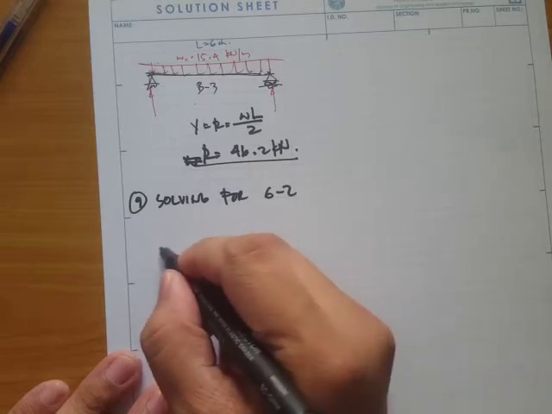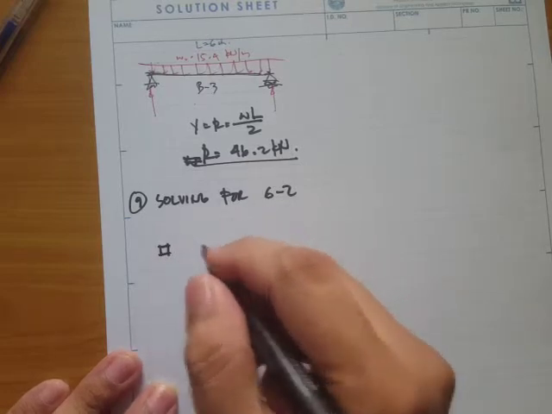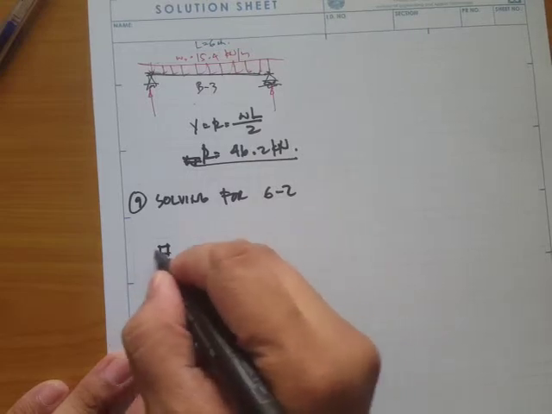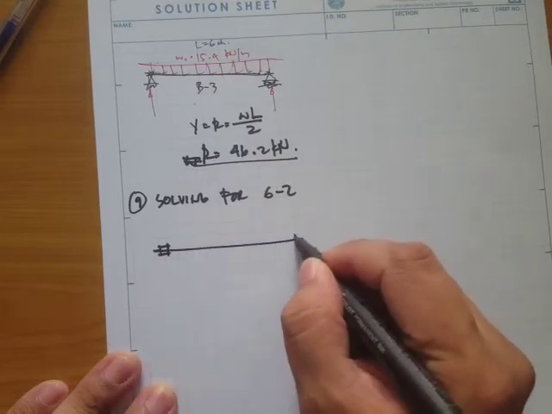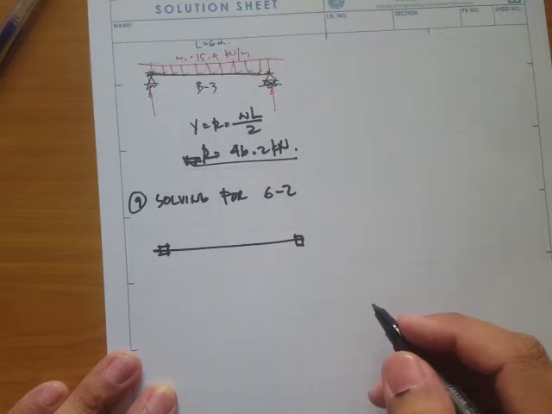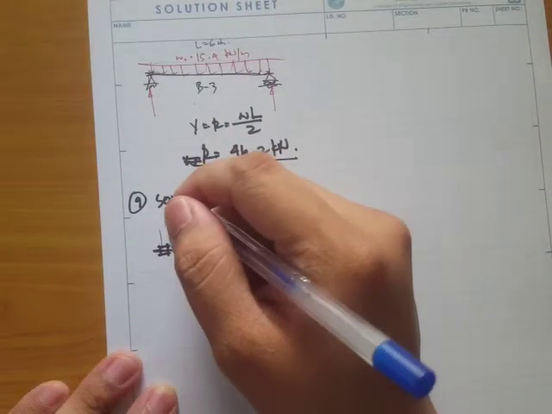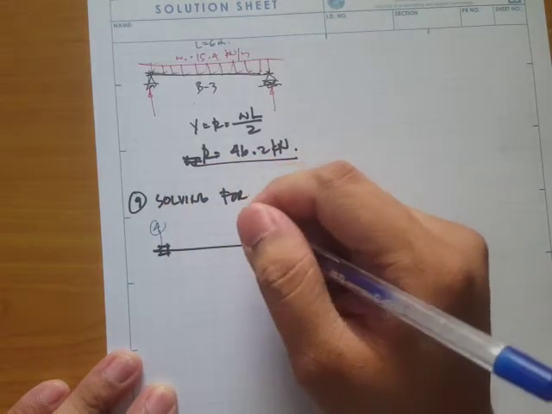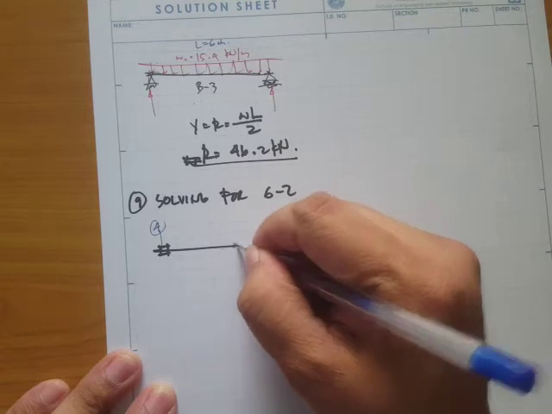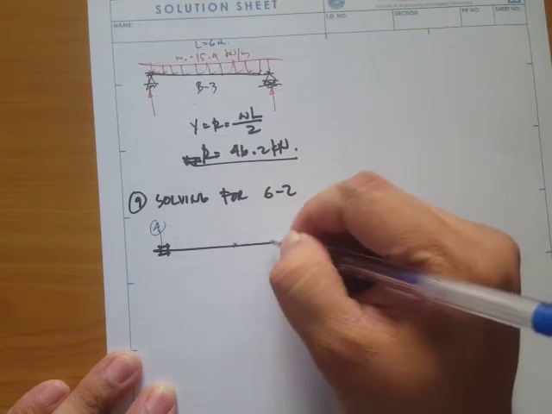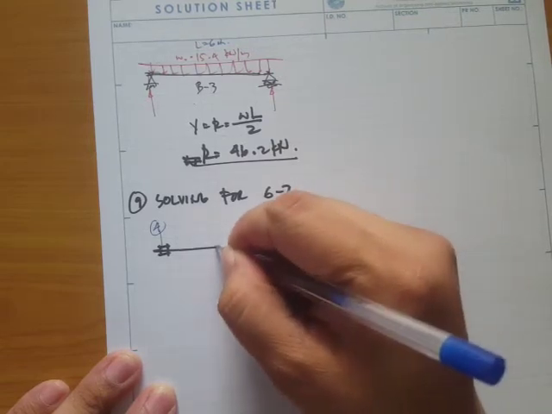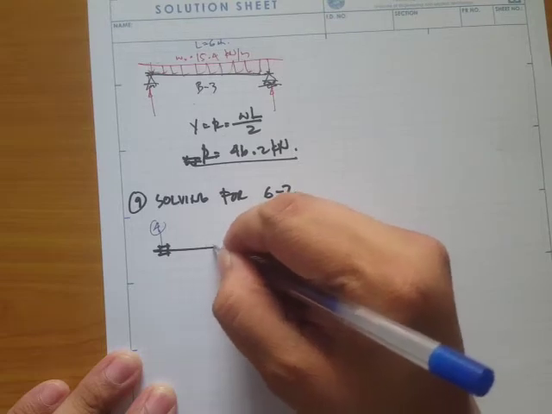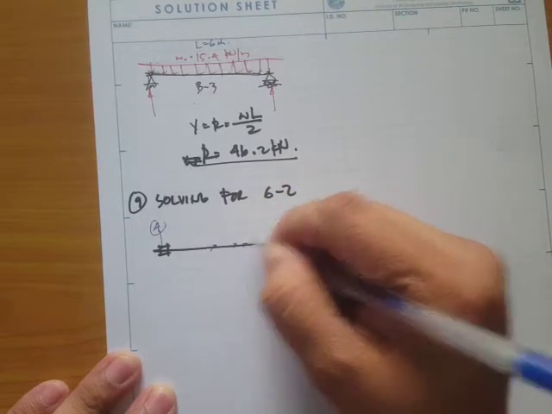If you try to draw this G-2, so let's say this is number 4, then we have a value here, 3 something, so this is 3, then 2, then 1.